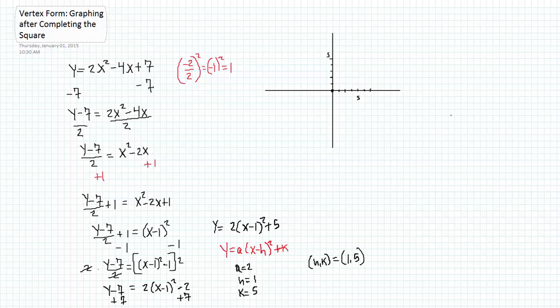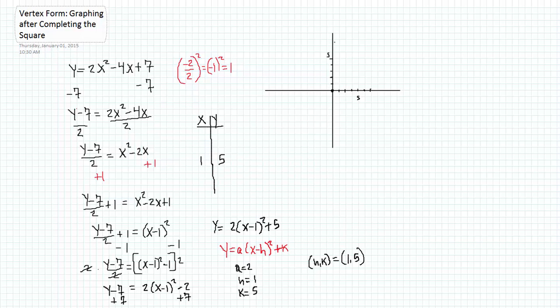Right? So we could prepare a little xy table over here to help us graph. Usually when we're graphing quadratics, we're going to exploit the fact that parabolas are symmetric about their axis of symmetry. Remember, for these parabolas where x is the variable that's squared, the axis of symmetry is a vertical line.